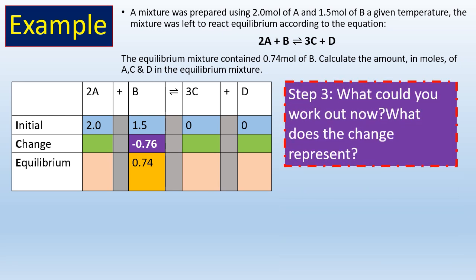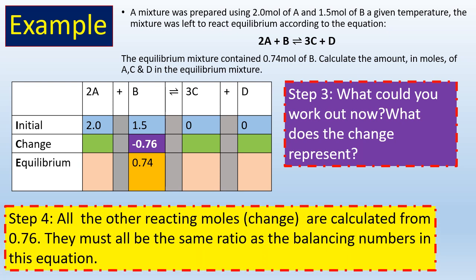That represents how many moles of B have actually reacted with A to form C and D. That's a really helpful number, because it is the number of moles of B reacted. We know, because of the ratios in the balanced equation, how many moles of A it reacted with, how many moles of C are produced, and how many moles of D.